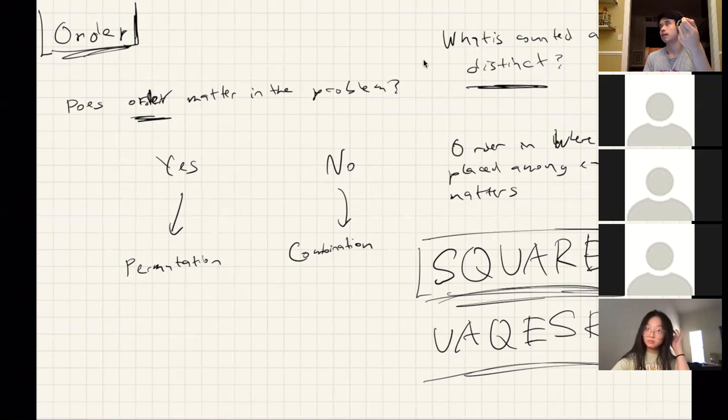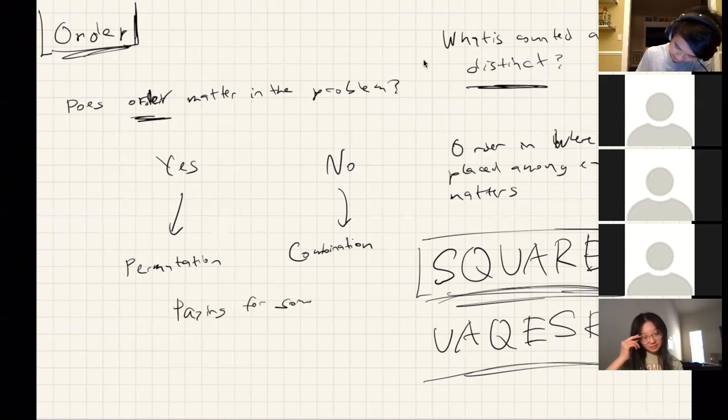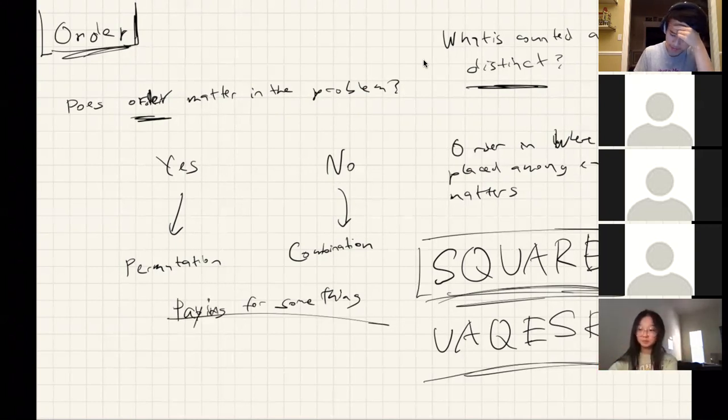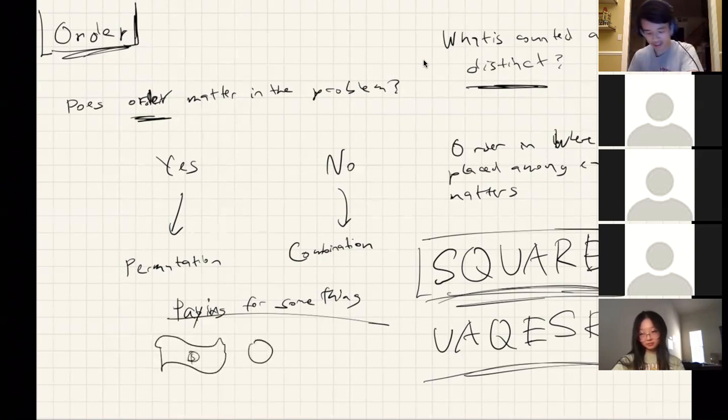On the other hand, let's say you're paying for something, and you might have to pay a dollar and a quarter. I know it's probably a stupid analogy, but you can pay the dollar first and the quarter second, or the quarter first and the dollar second, and it's not going to matter in which order you pay them, because you're still paying the same total amount of money.